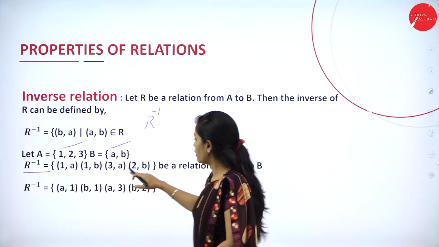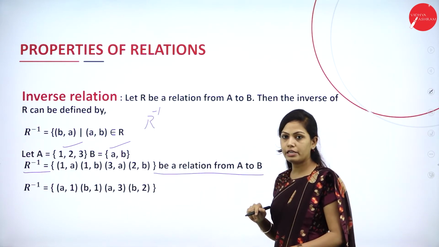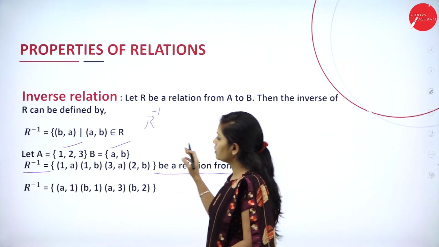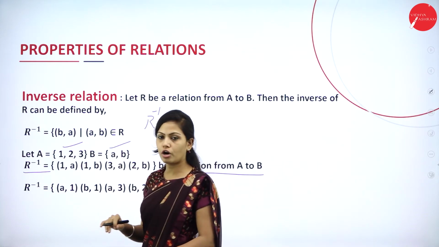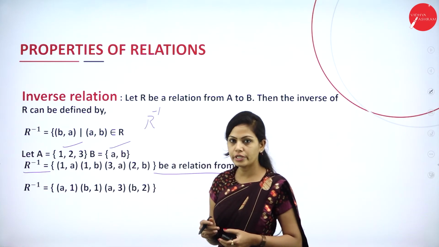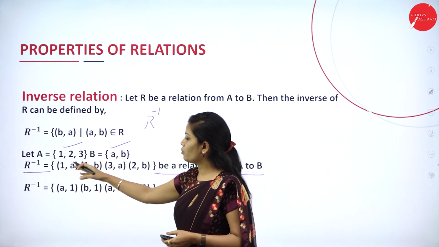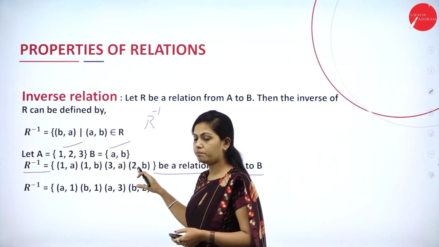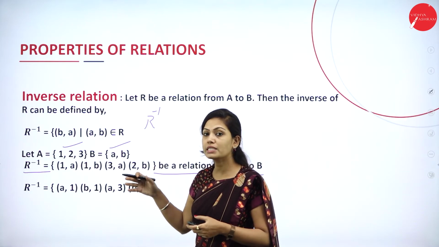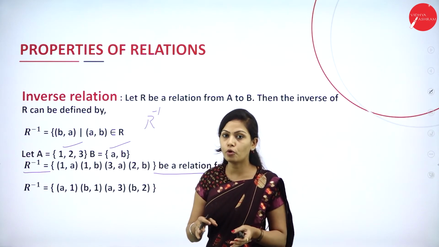Here I have a relation and you have to find the inverse of R. In the given relation, you have (1,a), (1,b), (3,a), (2,b). What is the meaning of inverse? It is opposite.